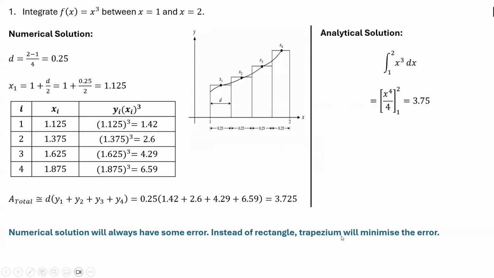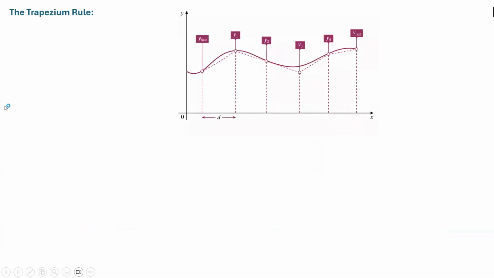Instead of rectangles, trapezium will minimize the error. So here comes the trapezium rule. Instead of using rectangles, what if we connect two neighboring points on the curve with a straight line?